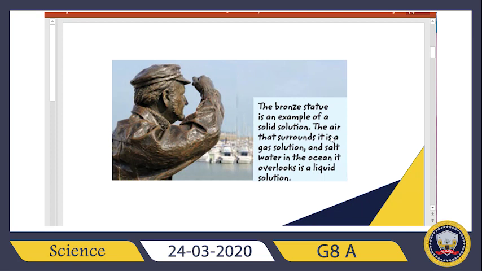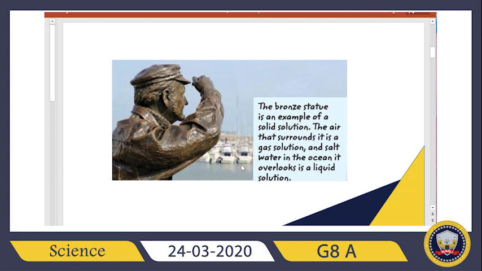Salt water in the ocean or in the sea that he is looking at is a liquid solution. If you were able to go near a sea, a salty lake, or an ocean, you probably had a chance to look at this water.